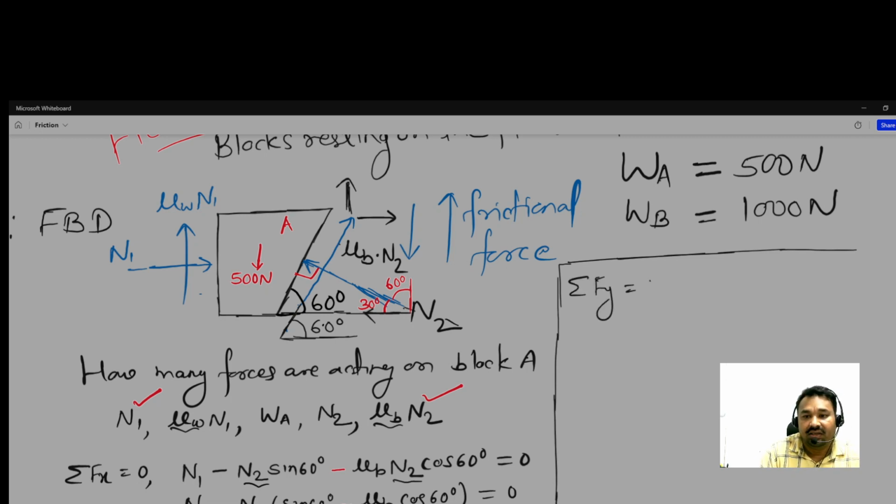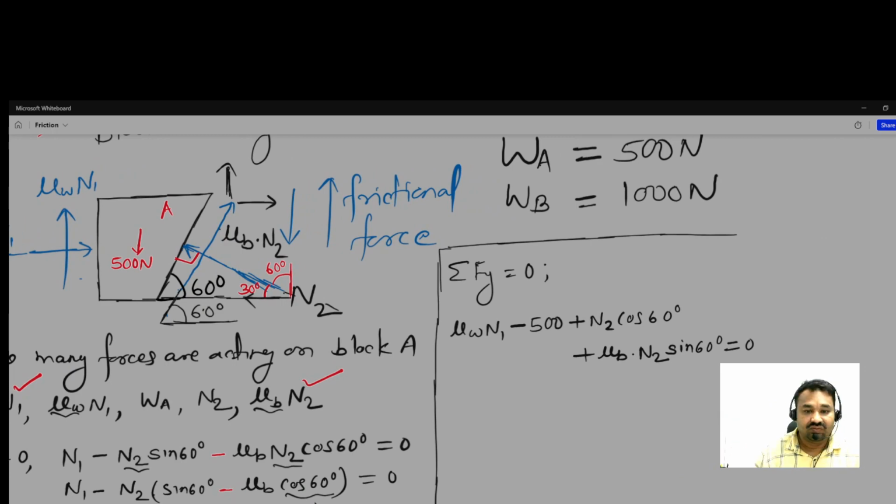Summation of Fy is equal to 0, and see here, mu w N1 is acting upward, the weight is acting downward, and N2 vertical component we have to take, acting upward, N2 cos 60 degrees. And the frictional force is also acting in the upward direction, mu b N2, making 60 degrees with the horizontal, so that's why sin 60 degrees.